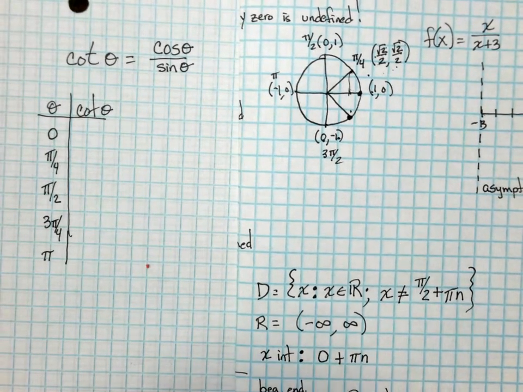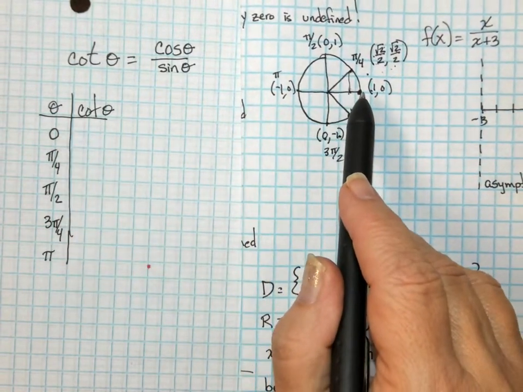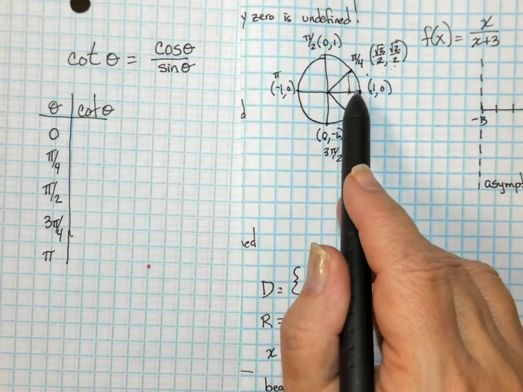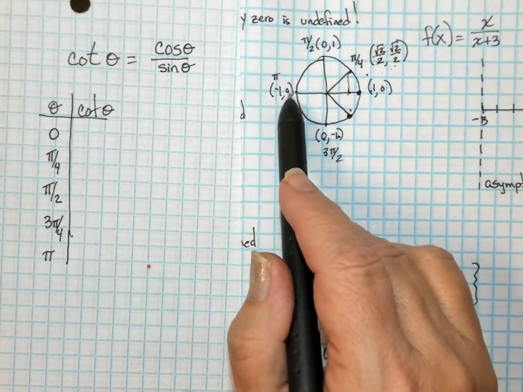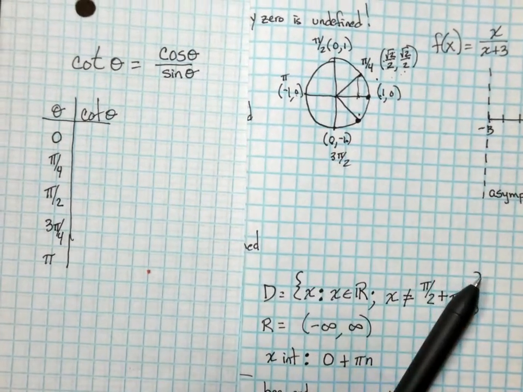And just so you know, the reason I chose these points is because I'm going from undefined around to the next time it gets to be undefined. Because undefined is going to give me those asymptotes, so that's going to tell me where cotangent is.